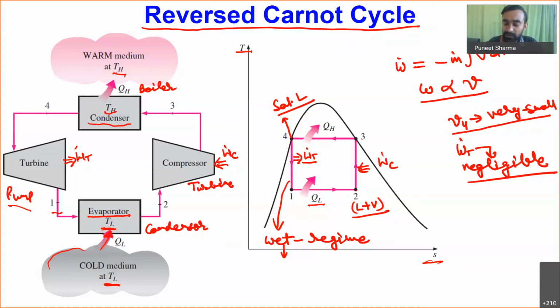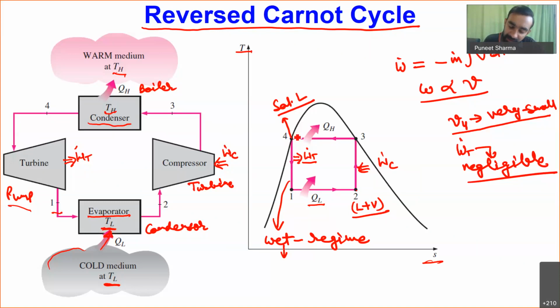Okay, so in case of a throttling device also, we can decrease the pressure from high pressure to low pressure, and the construction of a throttling device is very simple. So that's why the cost of a throttling device is not huge, whereas the cost of the turbine is significant. Okay, so we can install a turbine if we are getting some fruitful outcome, meaning some significant amount of work which justifies the cost.